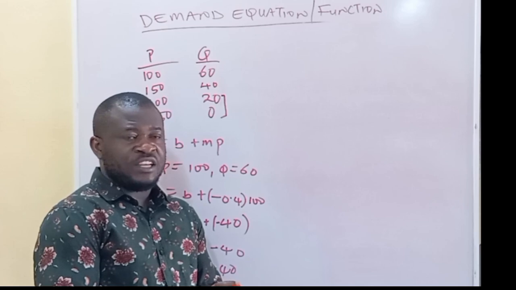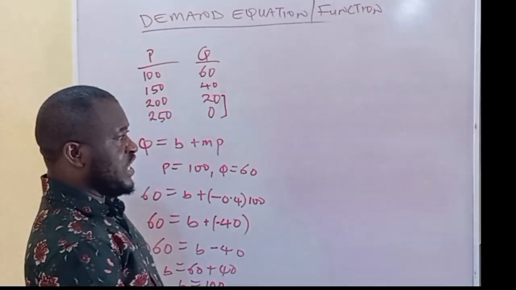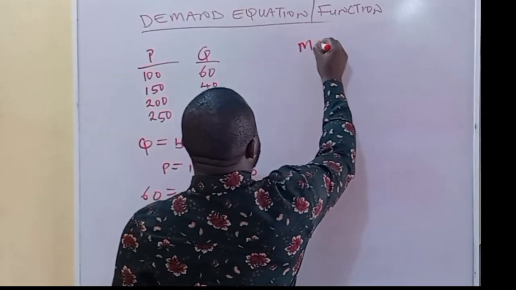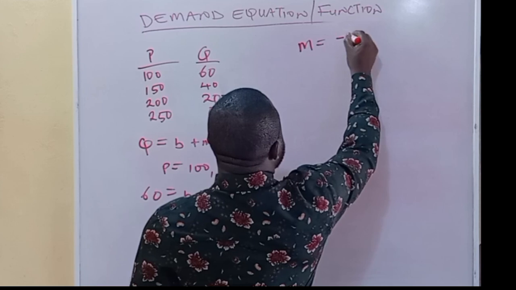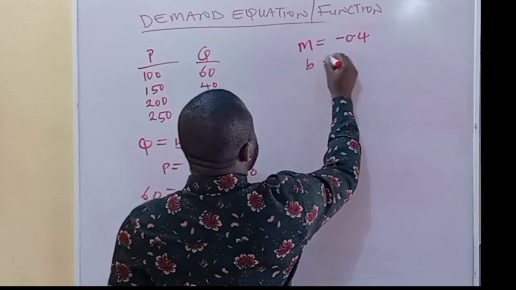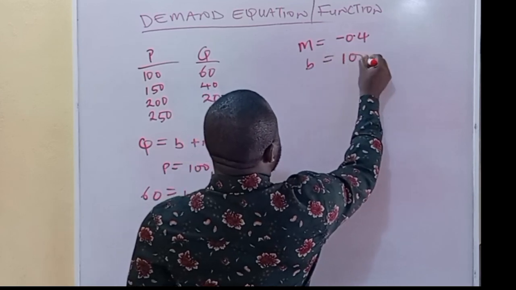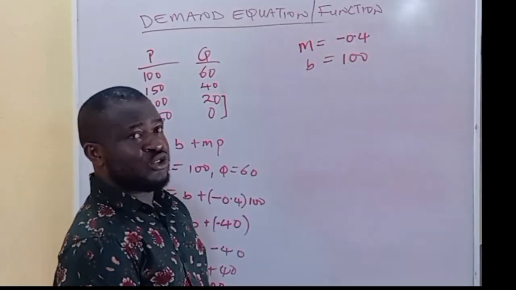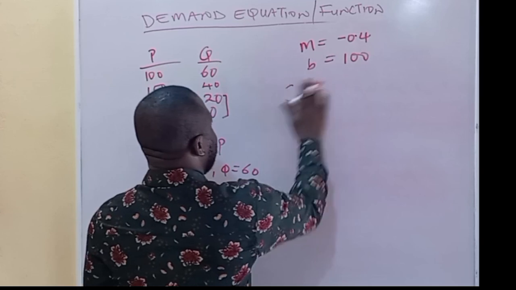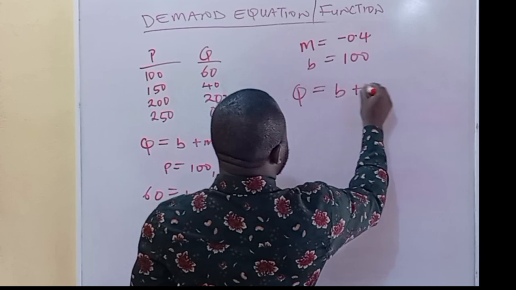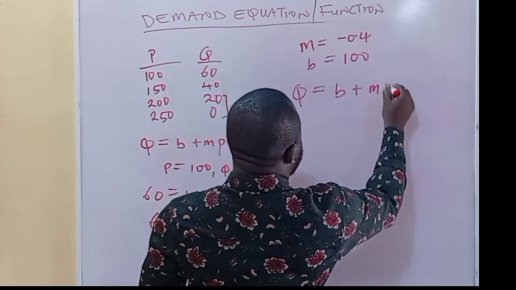Now, having obtained the coefficient for the slope and the intercept, where M, the slope, is minus 0.4, and B, the intercept, is 100, we impute these coefficients into the demand equation form, Q equals B plus MP.